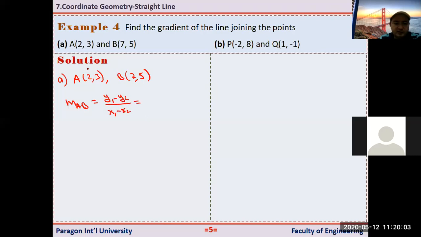Let's say this one is (x1, y1), and this one is (x2, y2). So we have first y, 3 minus 5 over 2 minus 7, which is equal to -2 over -5, or that's equal to 2 over 5, right?